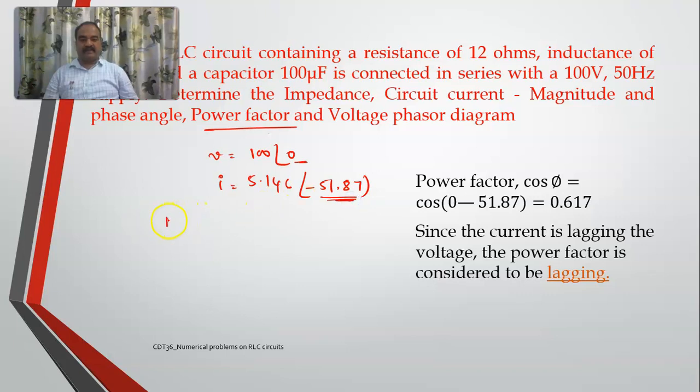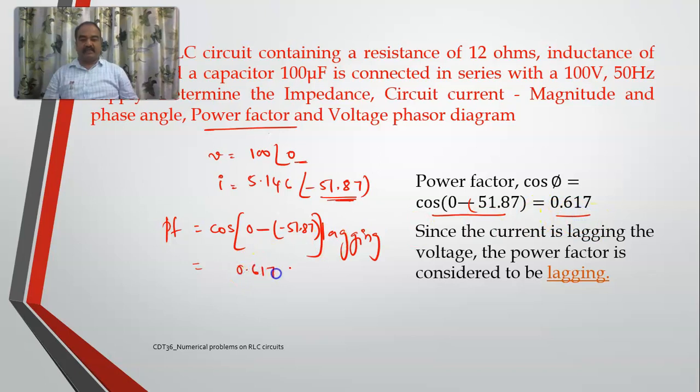So I will be getting a power factor which is lagging. The value is cos of the angle of voltage minus the angle of current, cos of 0 minus minus 51.87, and I will be getting 0.616, and it is considered as lagging. So the power factor is also completed.